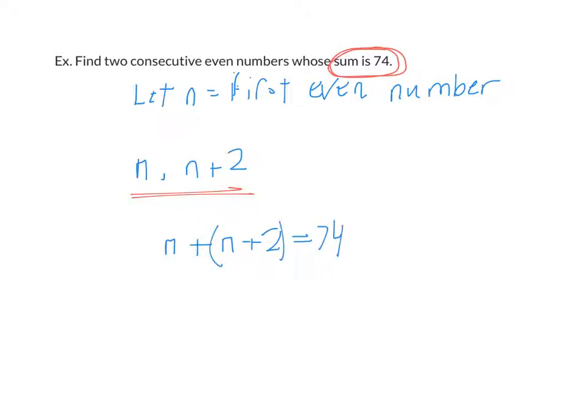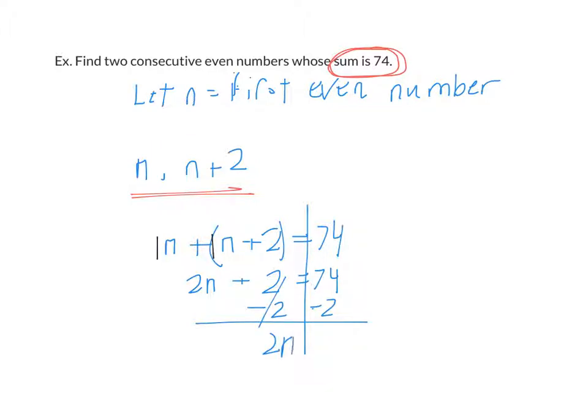All right, now we can solve it. And on the left-hand side, I have two n's, so I'll combine those together. Now subtract 2 from both sides. And finally, divide by 2.